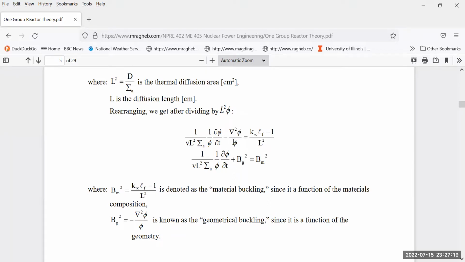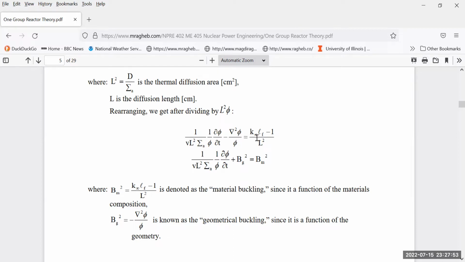You find that the beam buckles, and the term in structural engineering is the buckling. So we call it the buckling, and we give it the symbol B squared. But it depends only on the geometry of the reactor, as you could see here. So we are going to call that term the geometric buckling. Now that term on the other side here, involving L squared, is in terms of the diffusion coefficient and the macroscopic absorption cross-section. We can calculate these by the properties of the materials and their compositions, because we dealt with sigma sub F and sigma sub A and sigma sub S and so on.